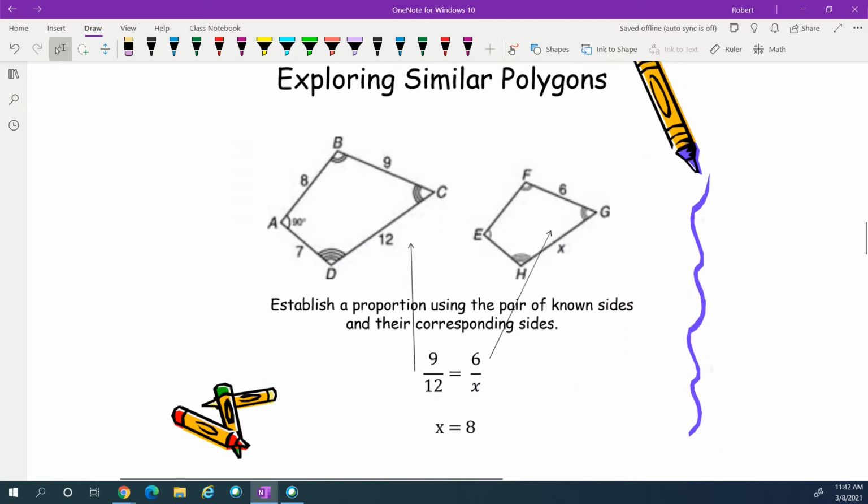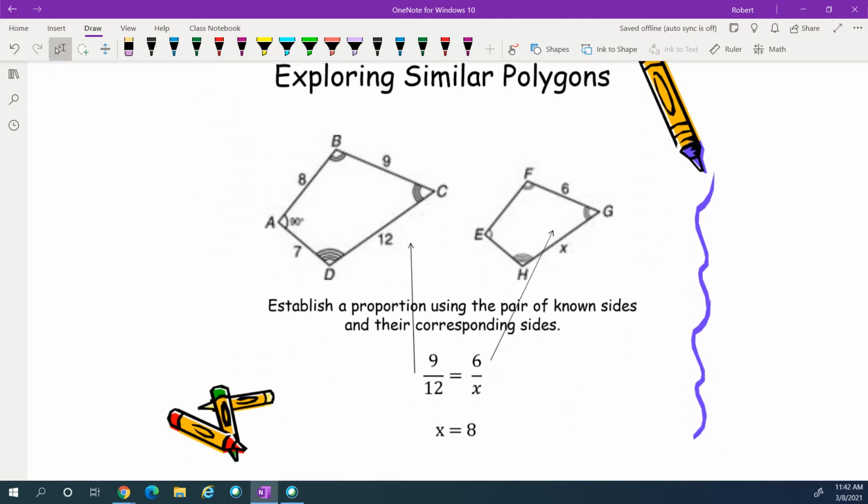So let's look at a simple example here. We have two quadrilaterals. These two polygons are similar to each other. We're going to solve for x. We always want to work with the corresponding parts. So for example, here's our x. That x connects two different angles, angle 3 to angle 4.